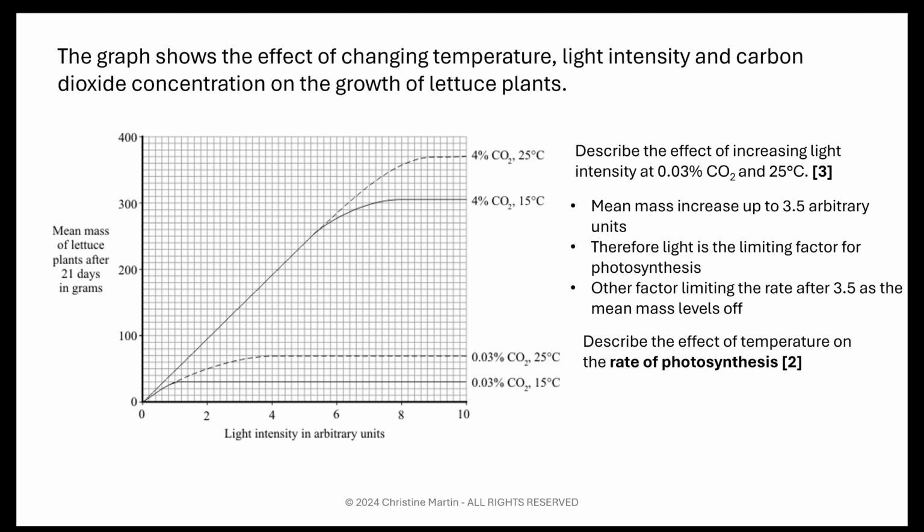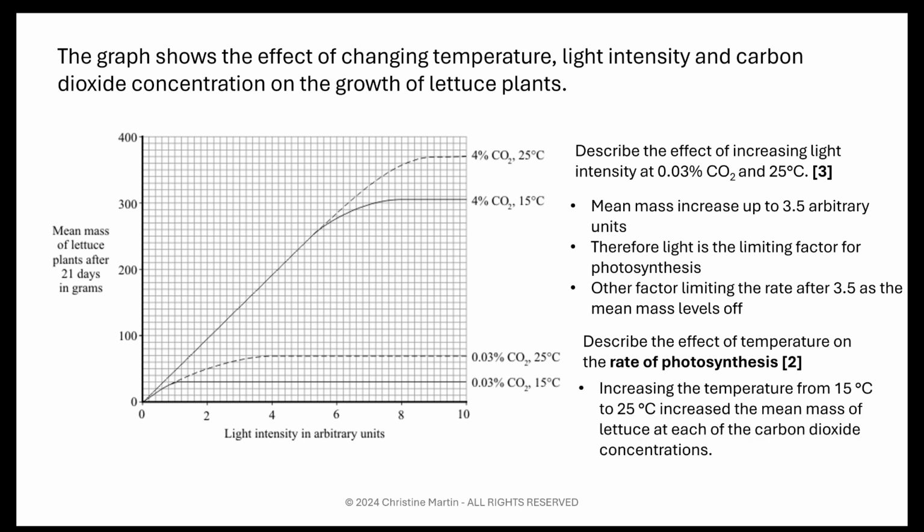Another question they could ask you to do is describe the effect of temperature on the rate of photosynthesis. So in this case, they want you to compare the difference between the 15 degrees C and the 25 degrees C. So by increasing the temperature from 15 degrees C to 25 degrees C, we've increased the mean mass of lettuce at each of the carbon dioxide concentrations.